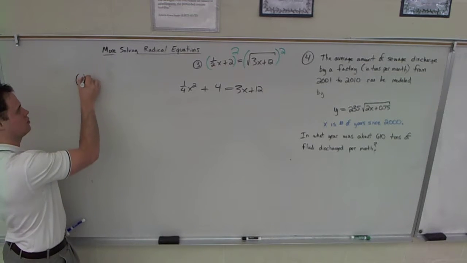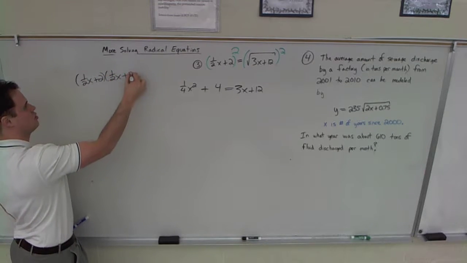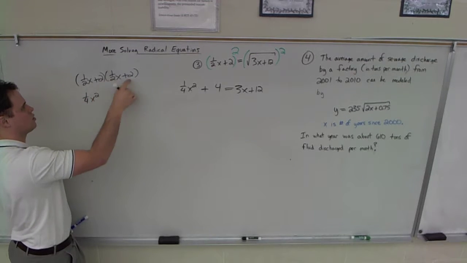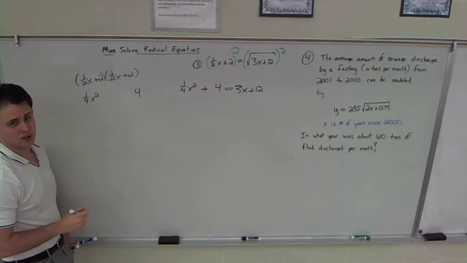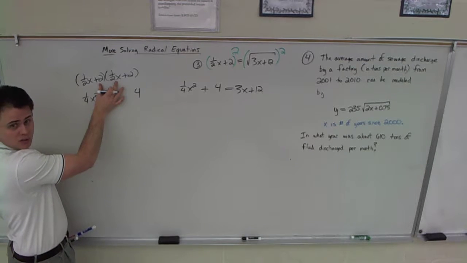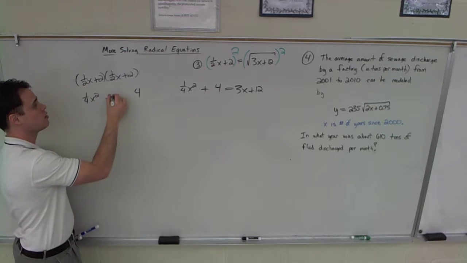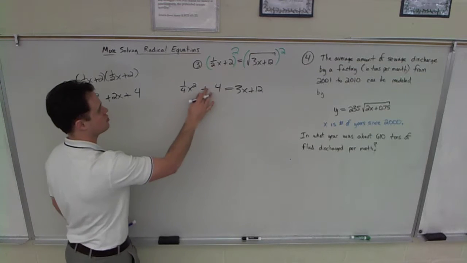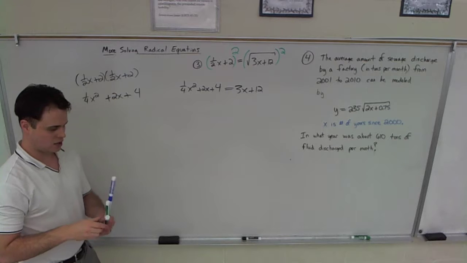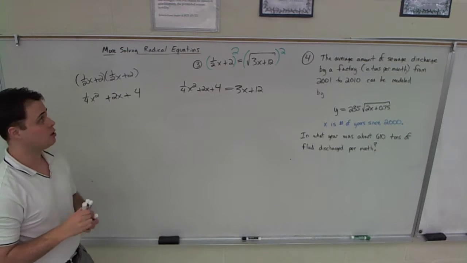2 times. I could write this out twice and go half times half is 1/4 x squared. 2 times 2 is 4, just like I had there, but also 2 times a half x is x, and 2 times a half x is x, so there also needs to be a 2x here, which I don't want to leave out. If you want to do that with Mr. Pascal, by all means, this is a binomial expansion.